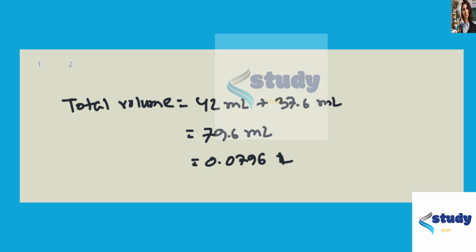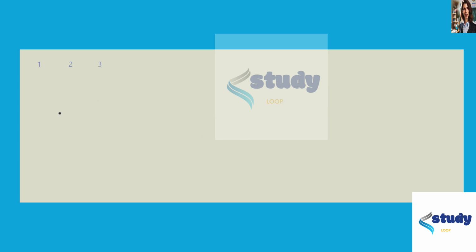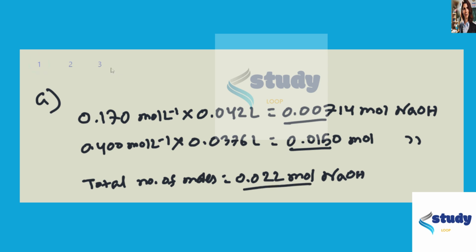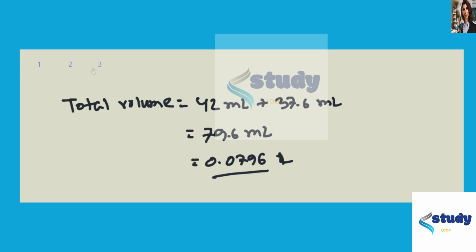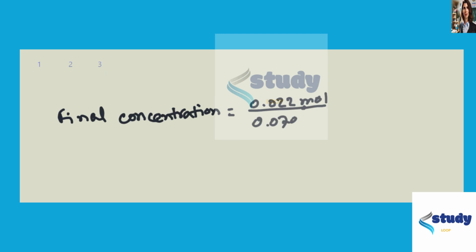Now, to find out the final concentration, we simply divide the final number of moles, which is 0.022, over the final volume, 0.0796, and from here we can find out the final concentration, which will be 0.278 molar.